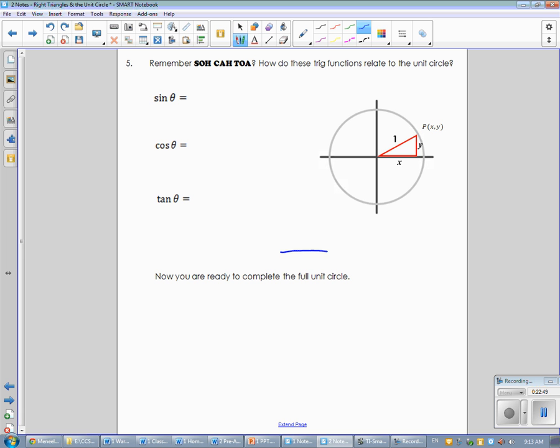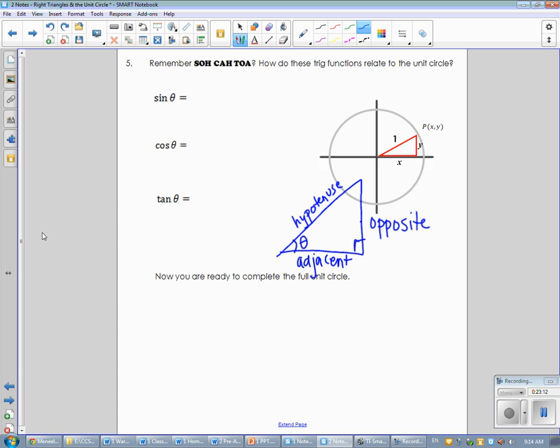If we have a right triangle, and let's say I call this angle theta. The side that is opposite theta we label as our opposite side. The side that is next to theta we call our adjacent side. And then of course we have our hypotenuse, which is the side that's opposite our right angle.